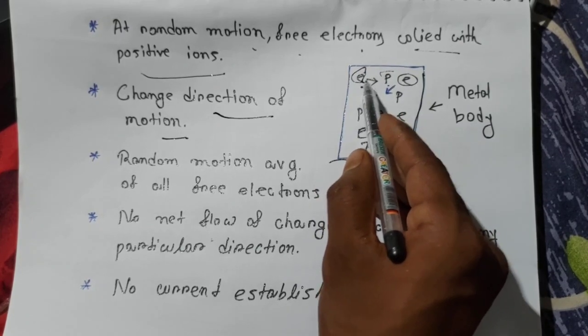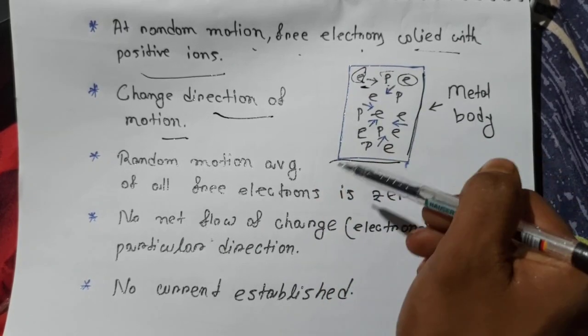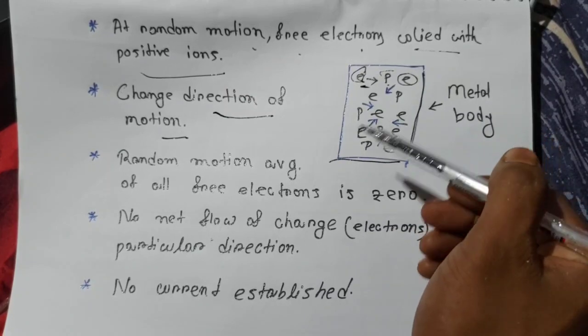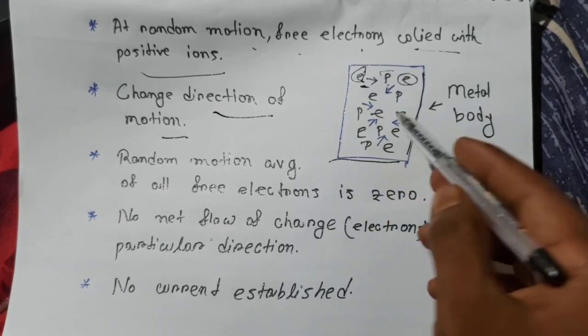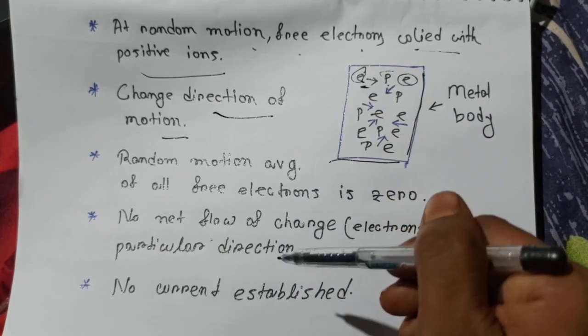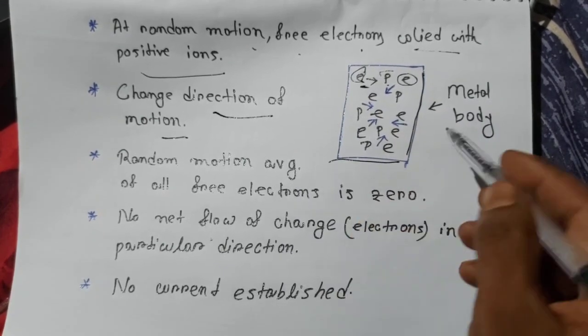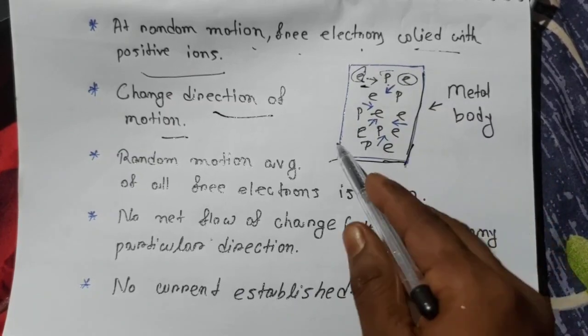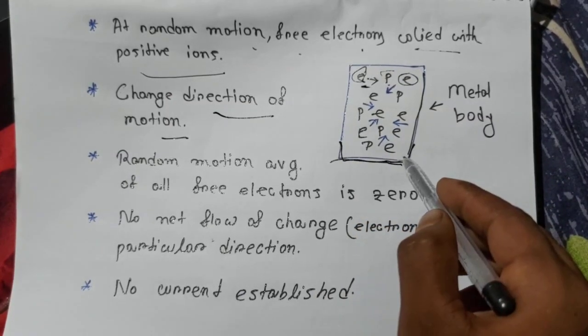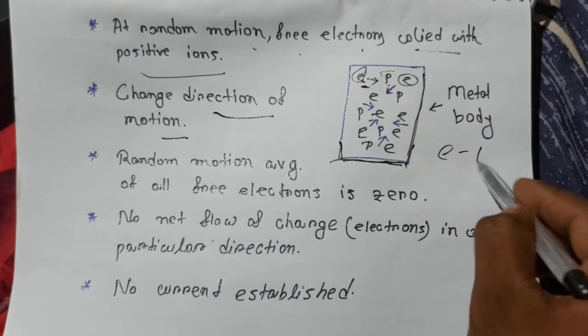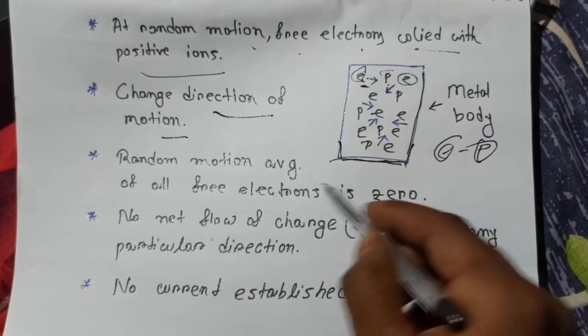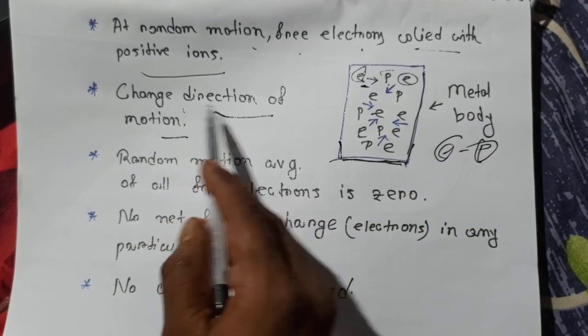When one electron collides with some other electron or with some positive ion, the direction automatically changes because of the collision. We are talking about the inside of one metal body, and the collision of electrons and positive ions changes the direction of motion.